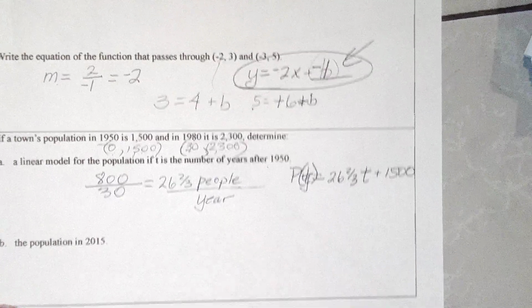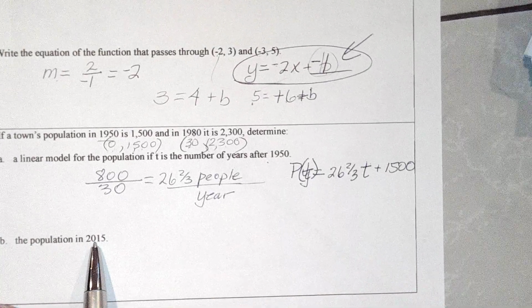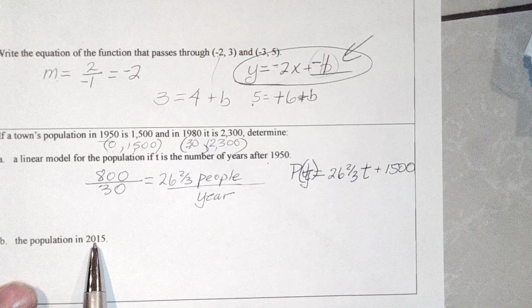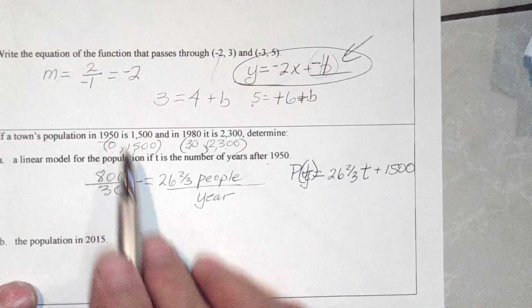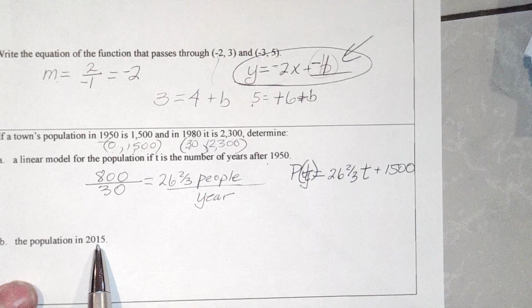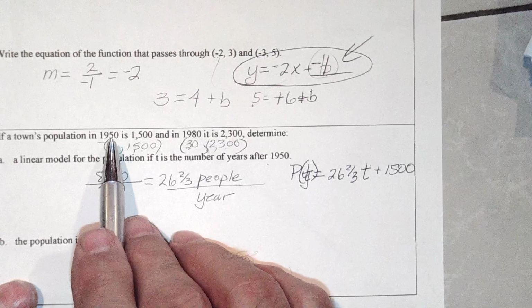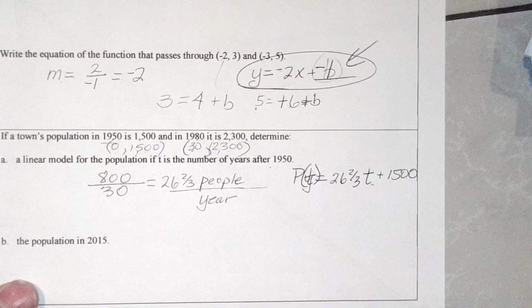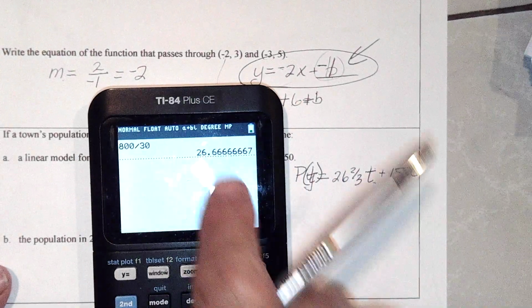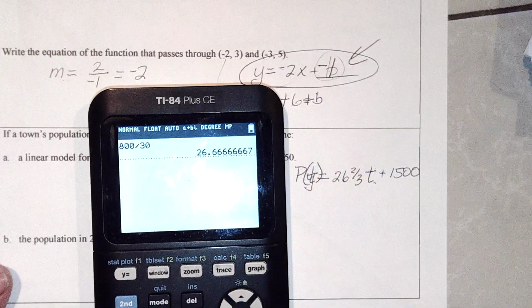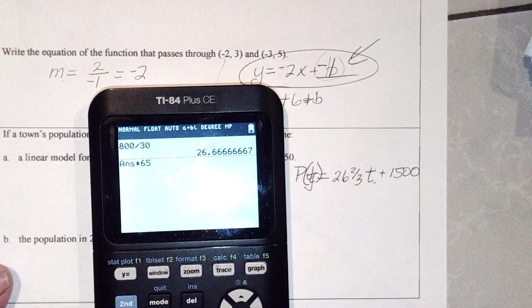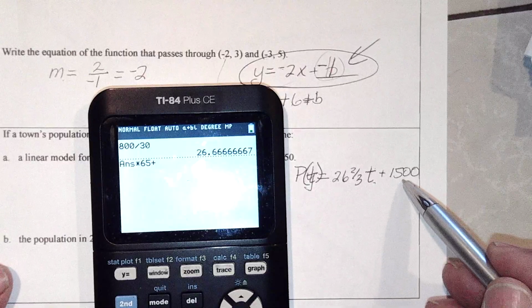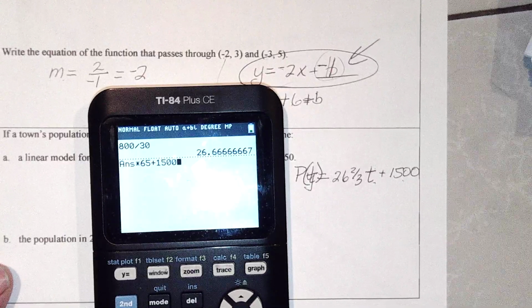So now we can take this and plug in 2015, not that number, but how many years past 1950 is that? So that's 65 more years than 1950. So we put 65 in for t. So I'm going to write this number times 65 plus 1,500.